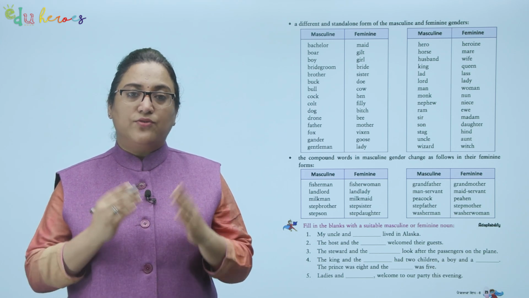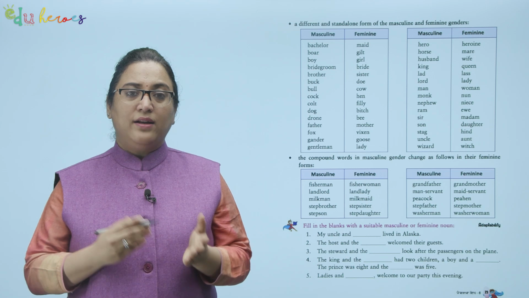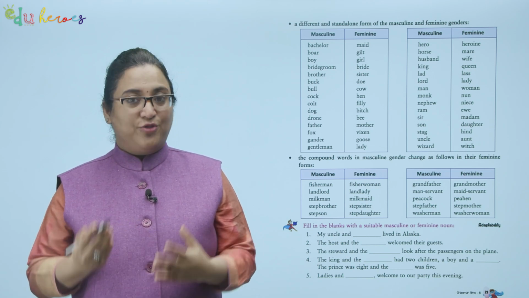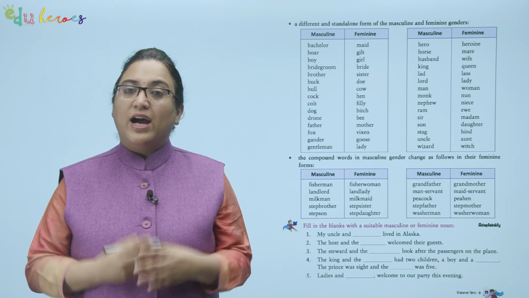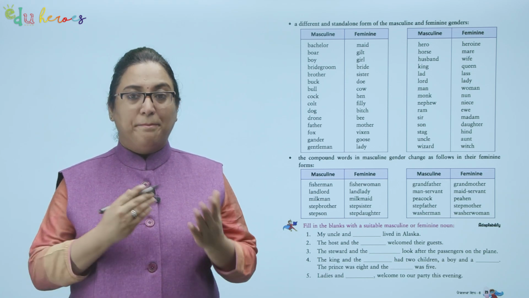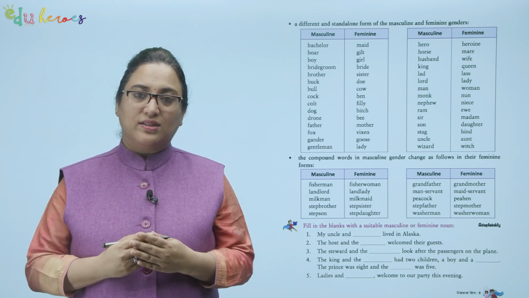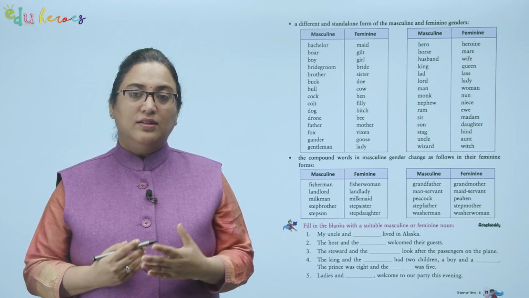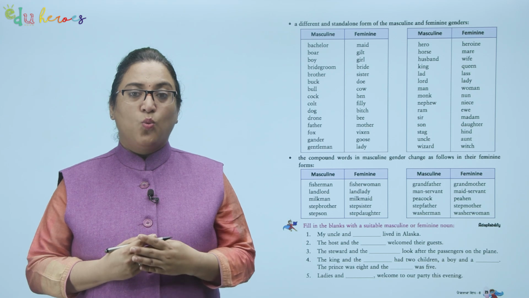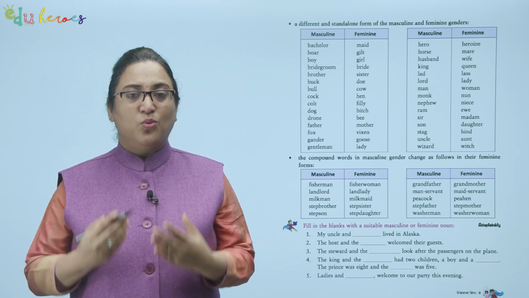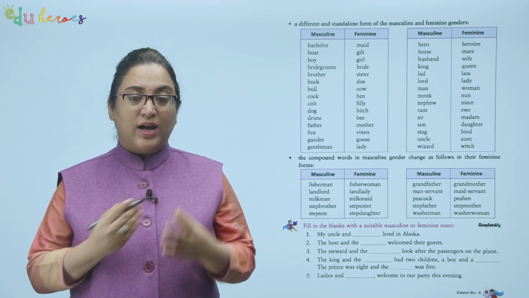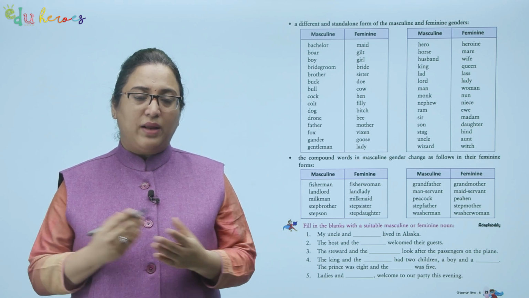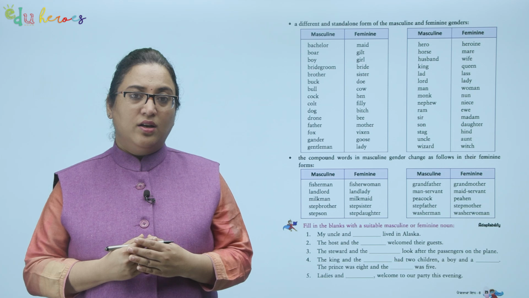They are made up of two words, fisherman, landlord, land and lord. That's why compound words. A few more for you. Grandfather, grandmother, manservant, maidservant, peacock, peahen, stepfather, stepmother, washerman, washerwoman. So try them out in some of the questions given here, some of the fill in the blanks given here before we move ahead.